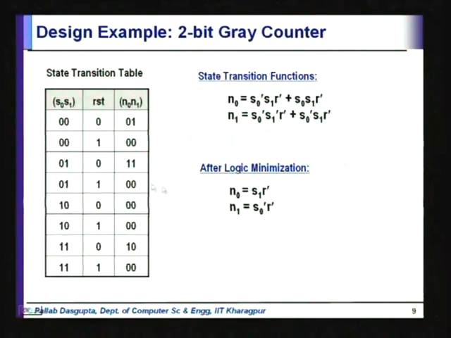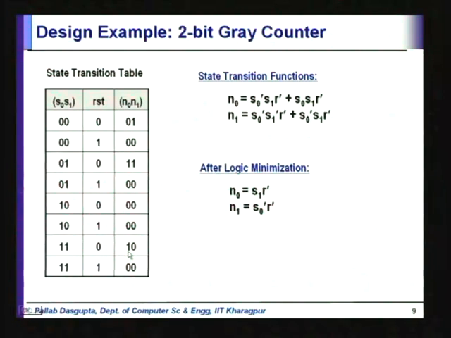Now we can read the state transition table and create what are called the state transition functions. So let us look at one of these. N0. If you look at this table, where does N0 become high? In this entry, okay, this is where it is high, and then in this entry, here again it is high.